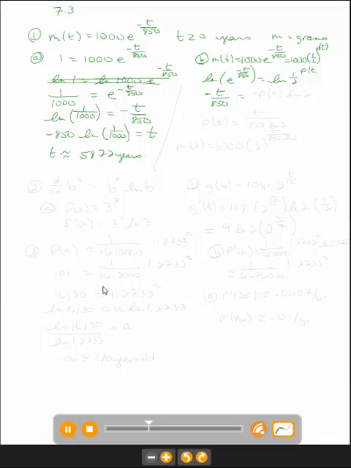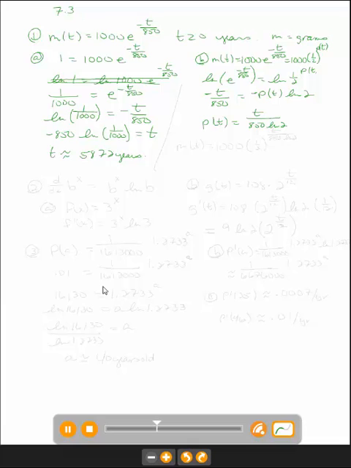I can also change that 1/2 to 2 to the negative 1. So the negative is going to come in front, with the p times t, and we get natural log of 2. So now I want to solve this for p of t. P of t is going to be, negatives cancel, t over 850 natural log of 2.